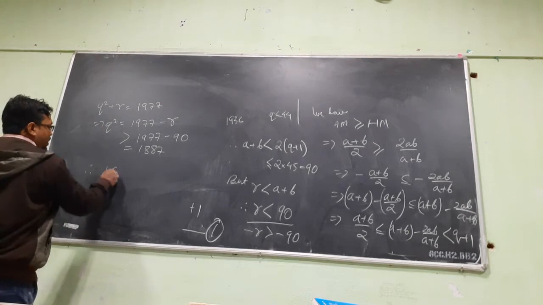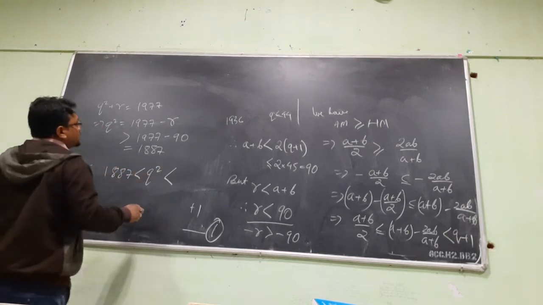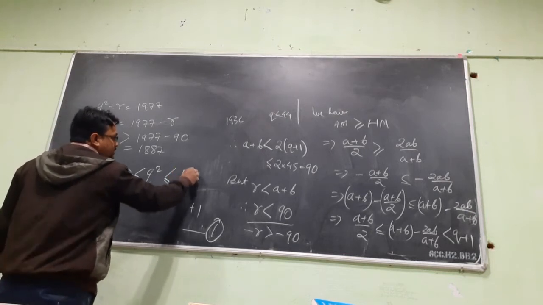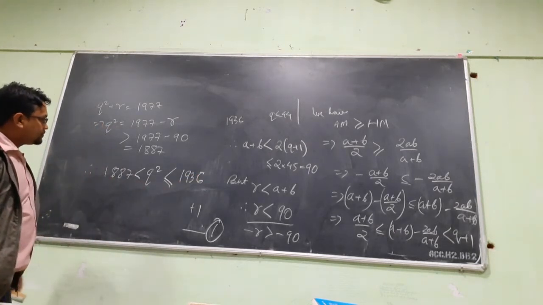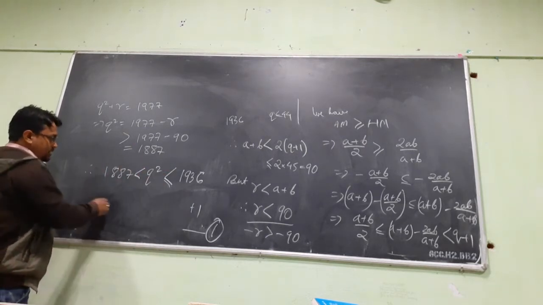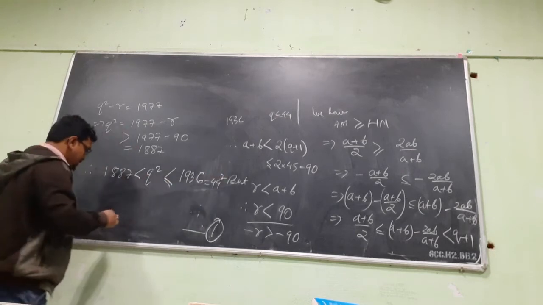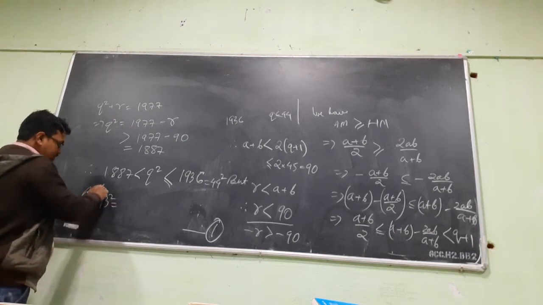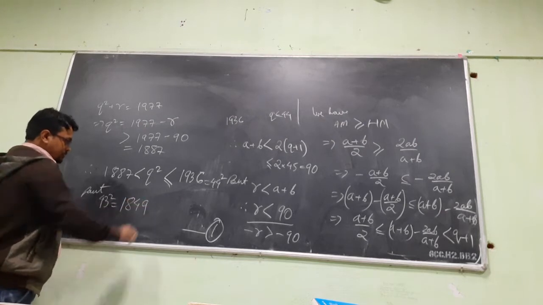So therefore 1887 is less than q square, and this is less than or equal to 44 square, 1936. See, 43 square, the immediate earlier square, is 1849.